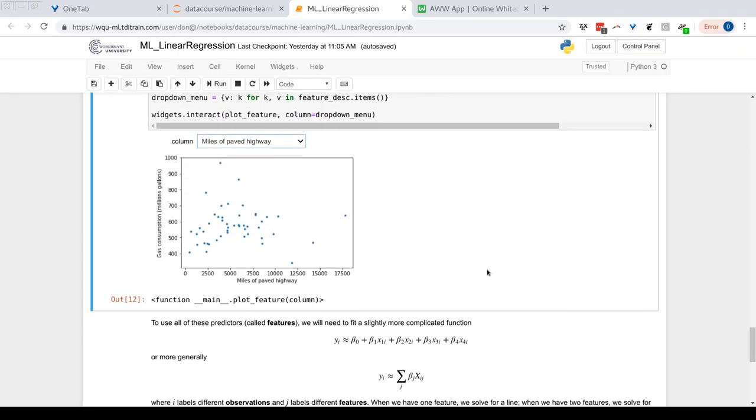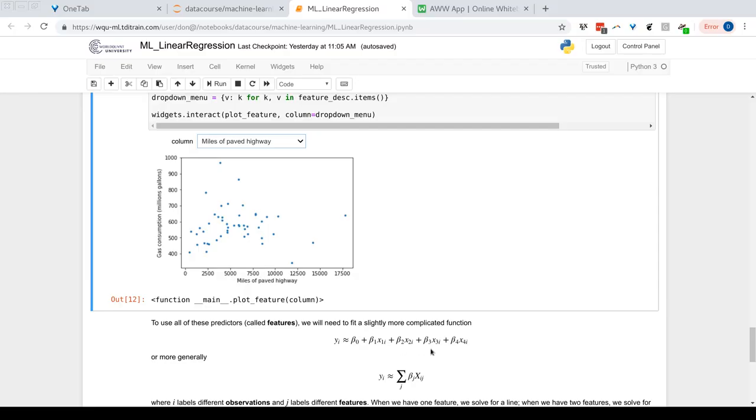So let's go ahead and extend our model here. Now what we're saying is that our predictive value, the value we want to predict, is going to be equal to beta naught, the intercept, plus each feature times a coefficient associated with that feature. So we still have that linear behavior. We're saying the predictive value has a linear relationship with our features, scaled by a coefficient, this beta coefficient here.